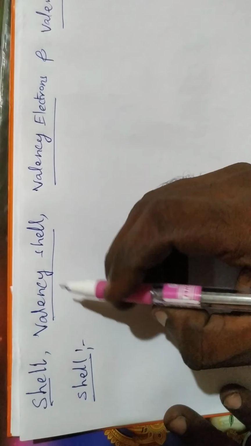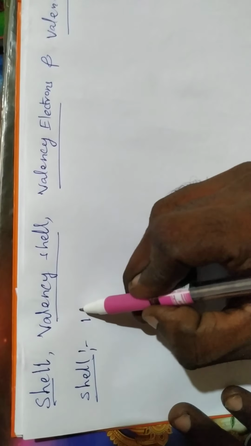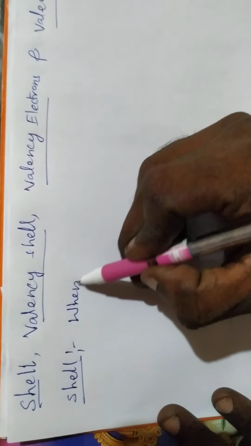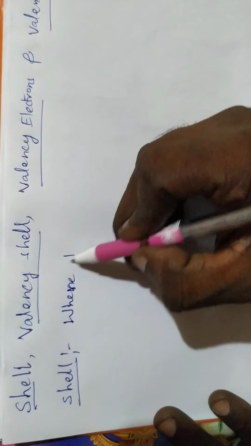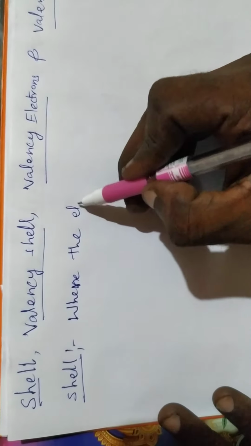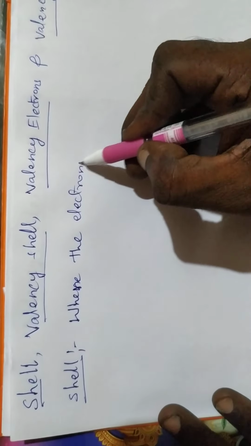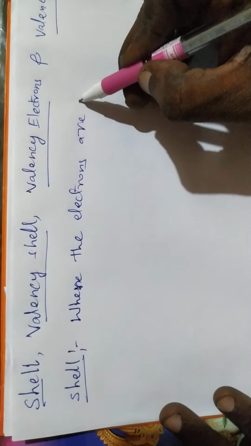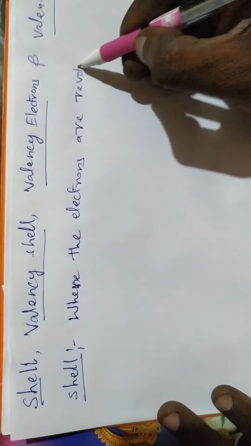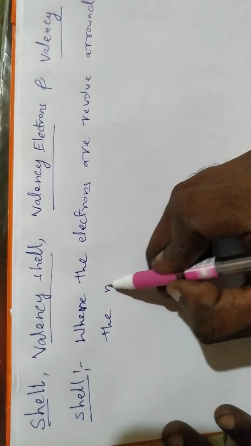What is a shell? Shell means the path where the electrons revolve around the nucleus.